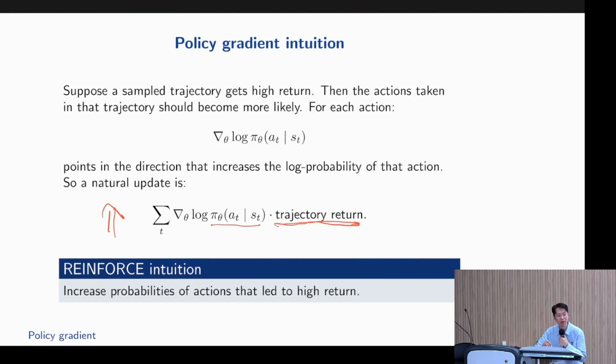So let's say you have your initial state s0, sampled, deterministic, and you execute a sequence of actions. These are the actions. I'm just going to draw the actions only.